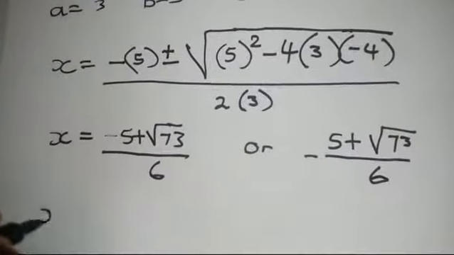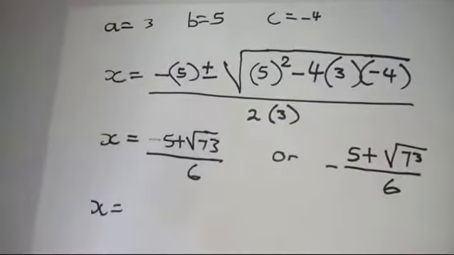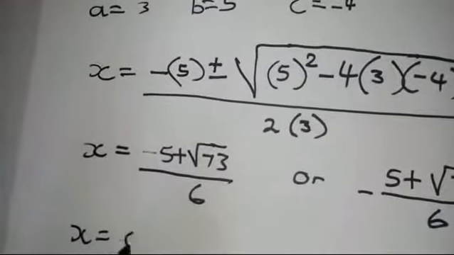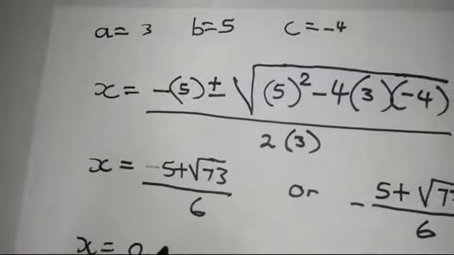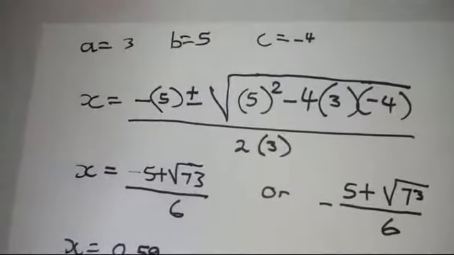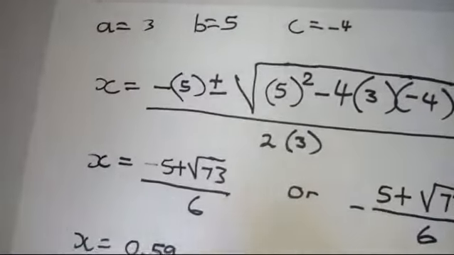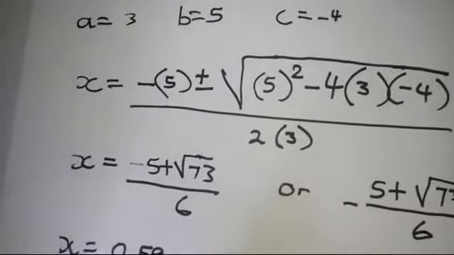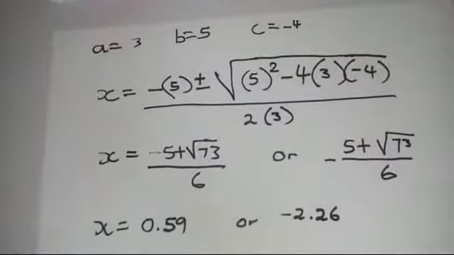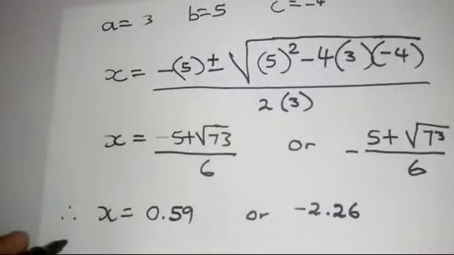But remember, the instruction was that we need to put it in decimal form and to 2 decimal places. So our solution for x will be 0.959 or -2.26, and this is the solution for 1.1.2.